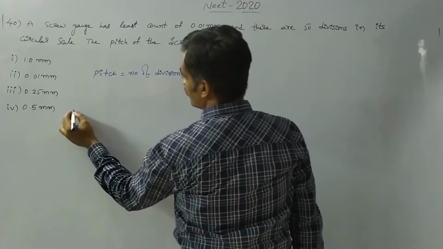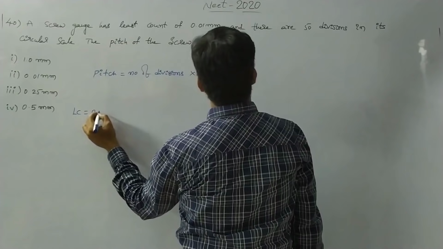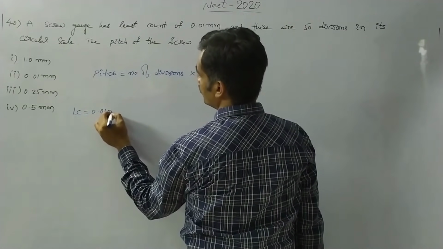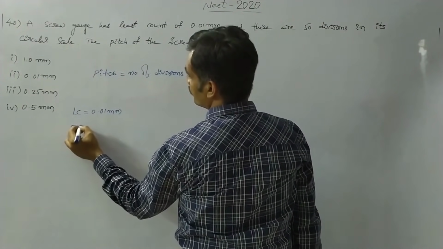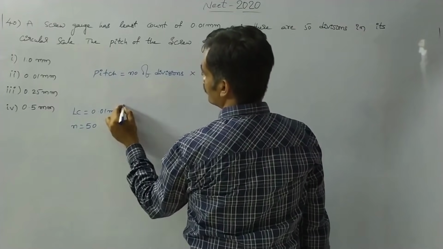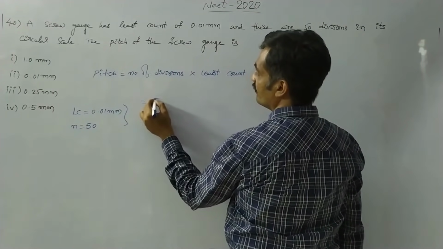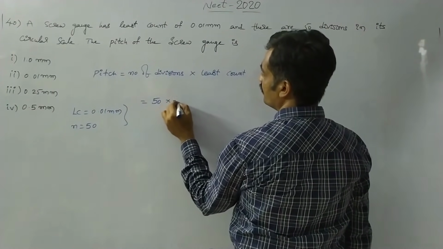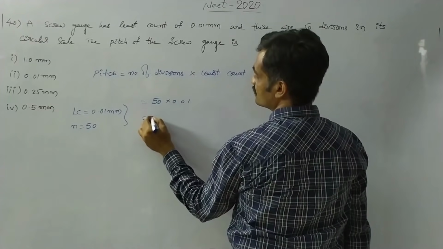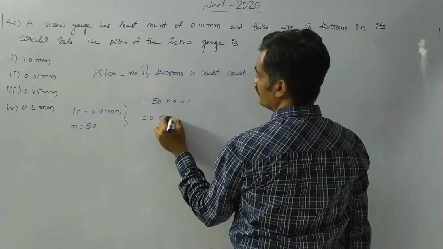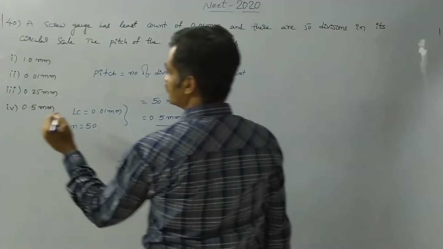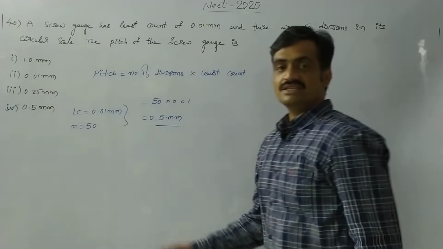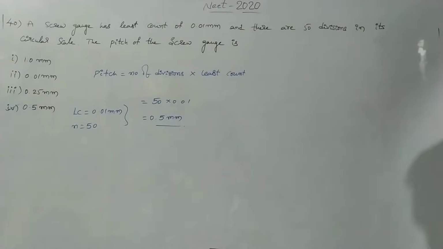Here the least count is 0.01 millimeter and the number of divisions is 50. So if we substitute, we have 50 × 0.01 = 0.5 millimeter. So option is 4. Take a screenshot, we will continue.